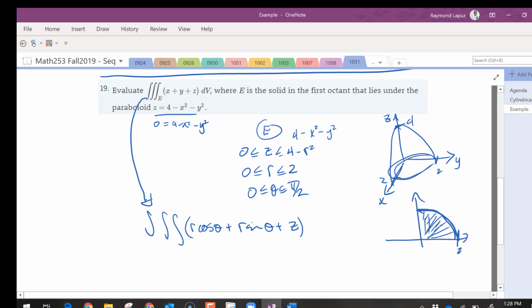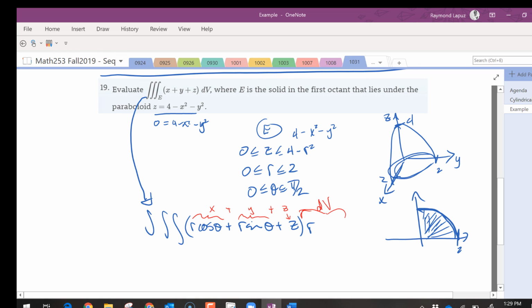So that's the integrand. Maybe we'll make a note of that. And then our dV is going to be that Jacobian that pops out, r.